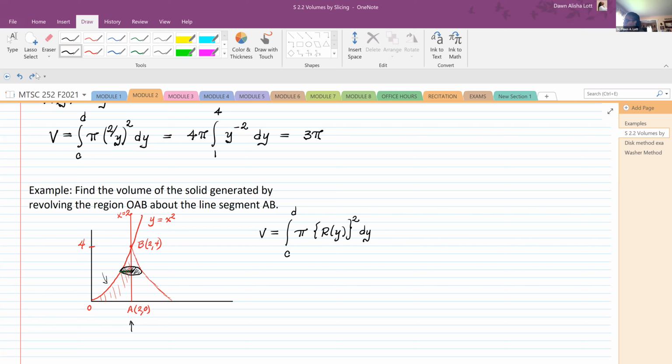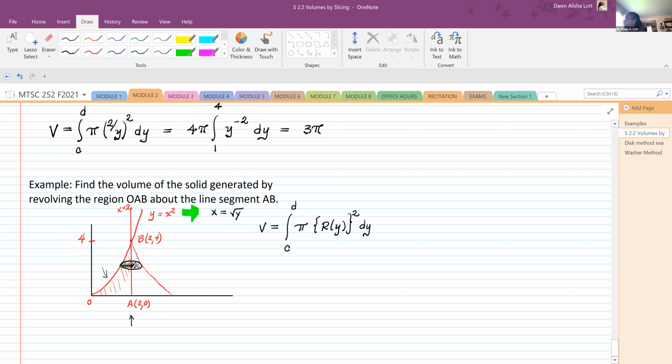Okay, but now this is x is equal to y squared. It's not a function of y. So I need to change that to x is equal to the square root of y. So now this helps me.